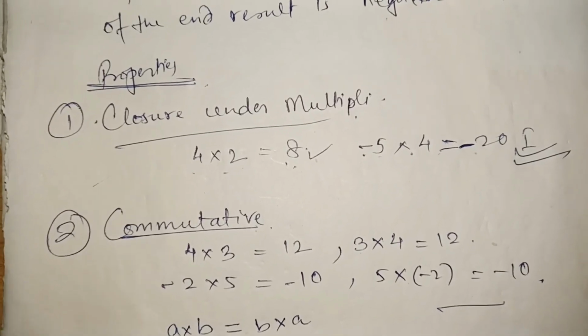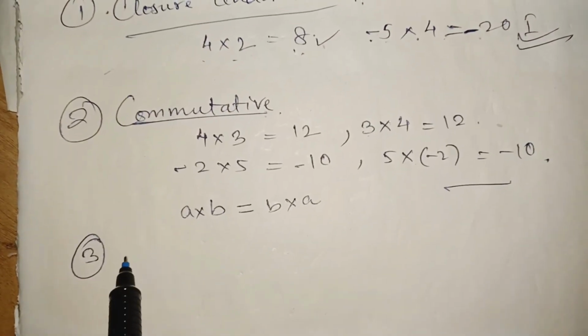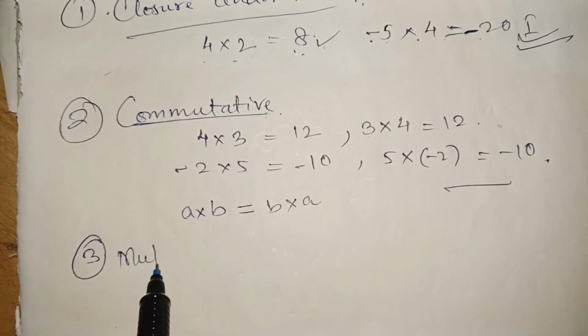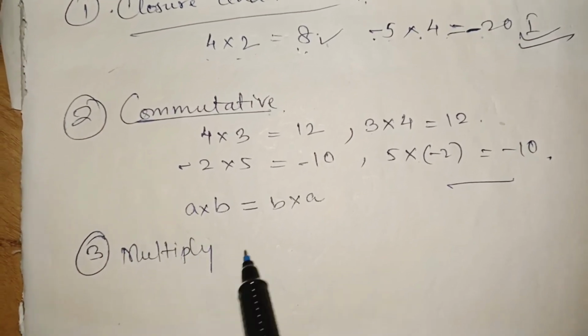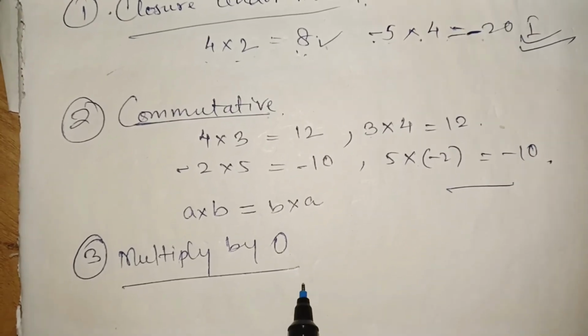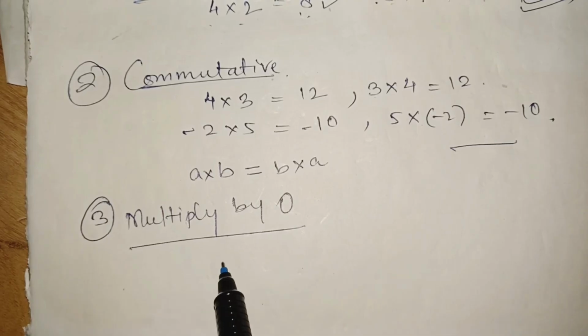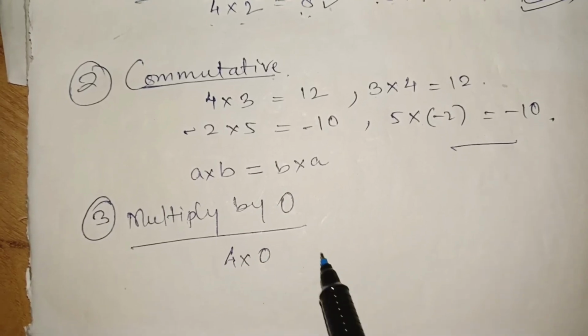Okay, next one is, what will be the result if we multiply an integer by 0? अगर हम किसी भी इंटीजर को 0 से मल्टीप्लाई करते हैं तो what will be the result? Let us see. We multiply 4 into 0.